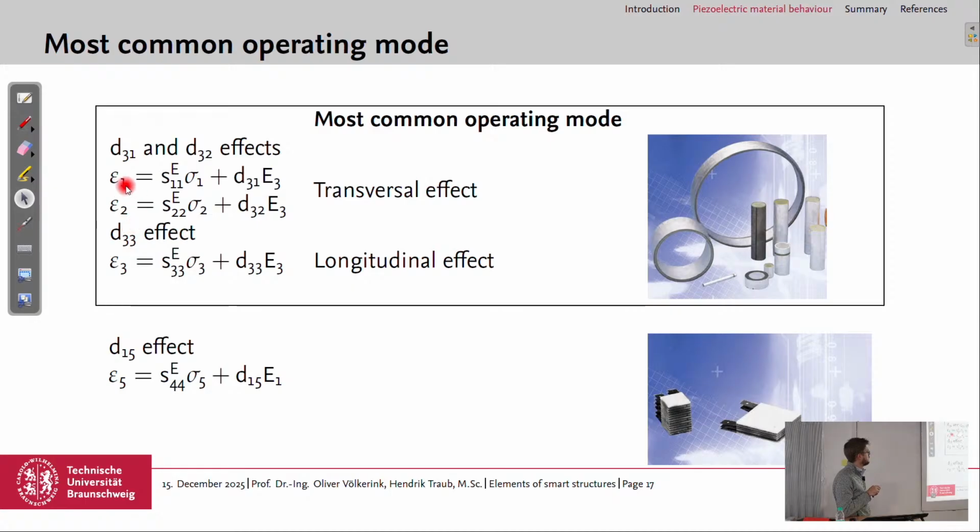And we could also use it in the 2 direction, the other in-plane direction. Then we have S22 and sigma 2 and D32, but they are similar. D31 and D32 have similar behavior, and we still use the field in the thickness or 3 direction.